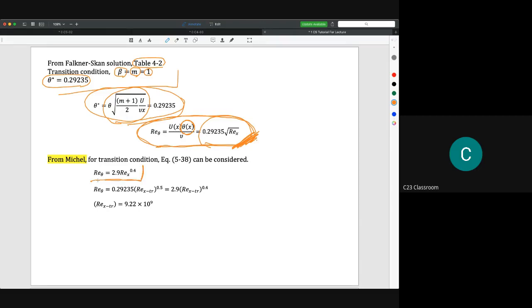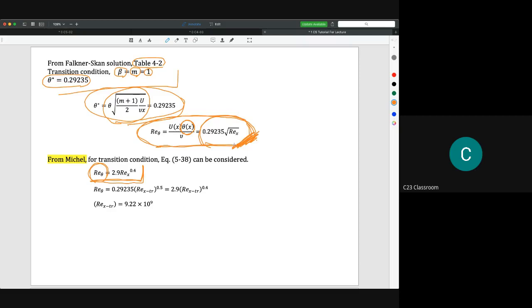This is the equation or correlation that was proposed by Michel at that time. It is assumed that Re_theta is equal to 2.9 Re_x to the power of 0.4. So we substitute the value of Re_theta, and this is our value here.